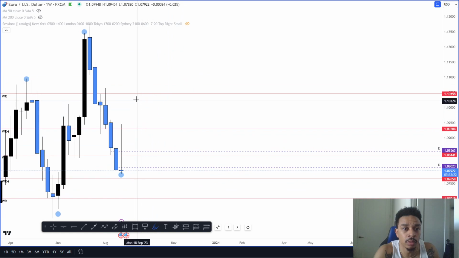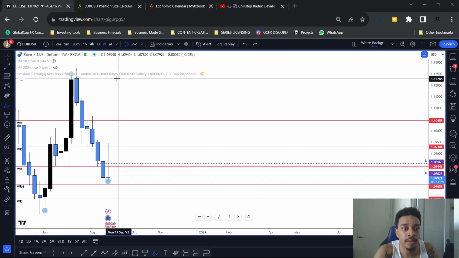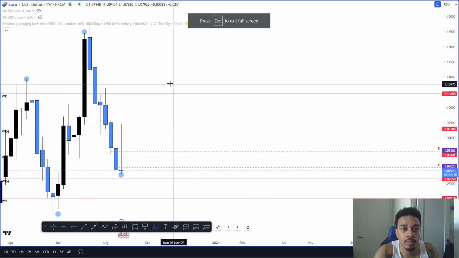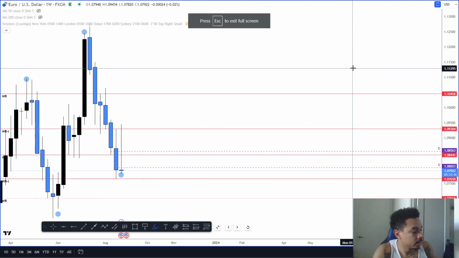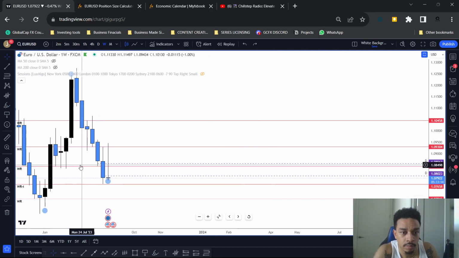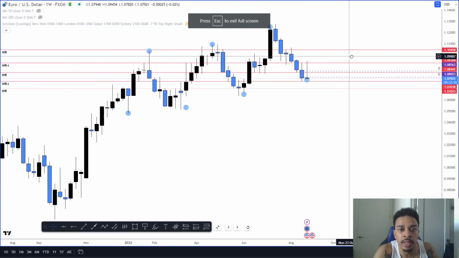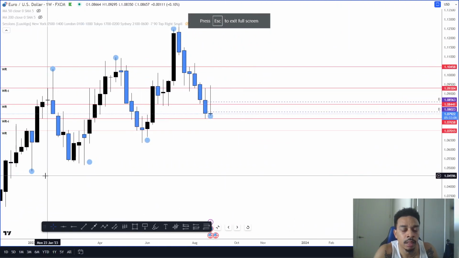But real quick, let's take a look at the weekly time frame. As you can see, price made higher highs and higher lows.